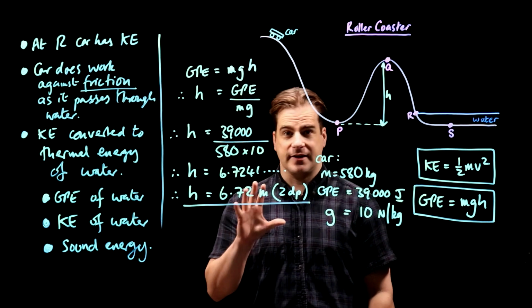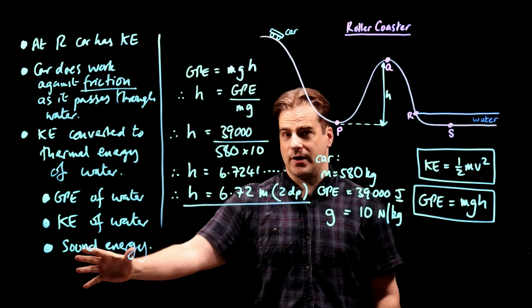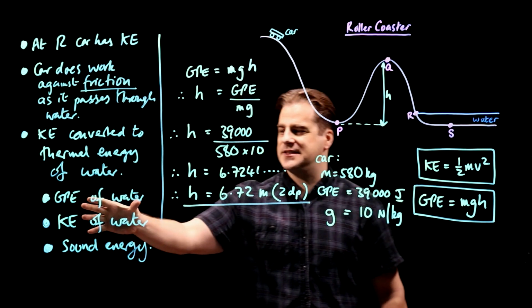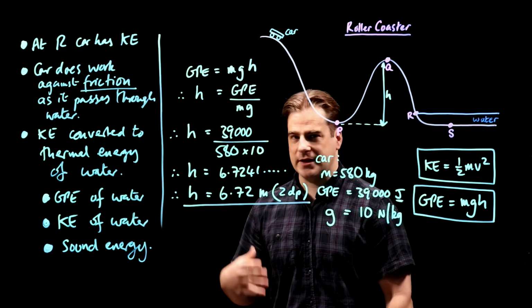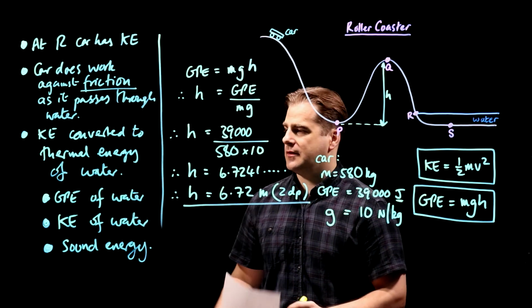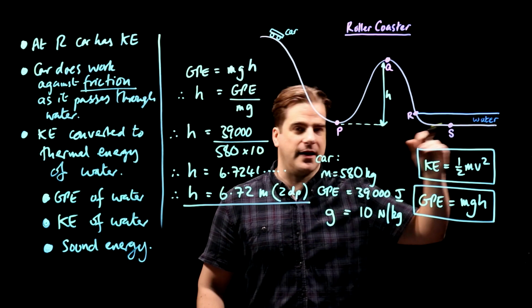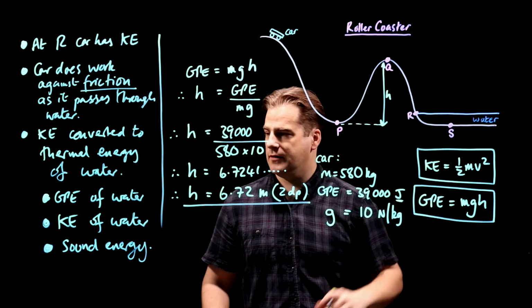And then you should definitely say thermal energy of water and sound energy, okay? And the GPE of the water and the KE of the water, they're less important, but there's no harm in mentioning them. Because eventually, you know, the splash comes down again and the GPE is reconverted into thermal energy or sound or whatever.